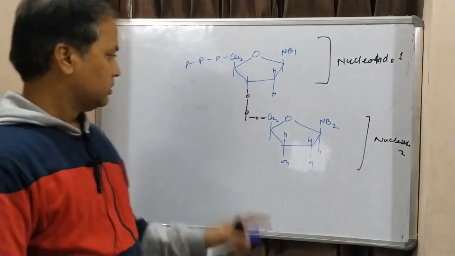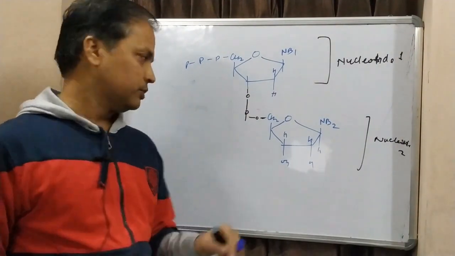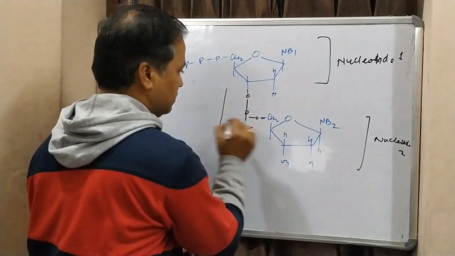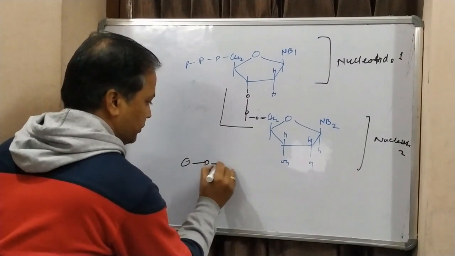So phosphate is present between two ester groups, like the bond OPO.